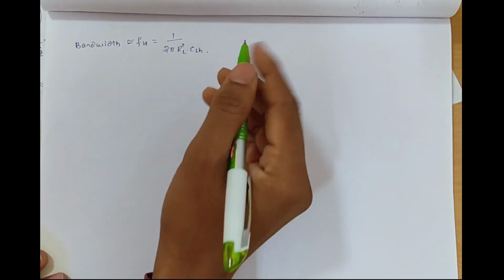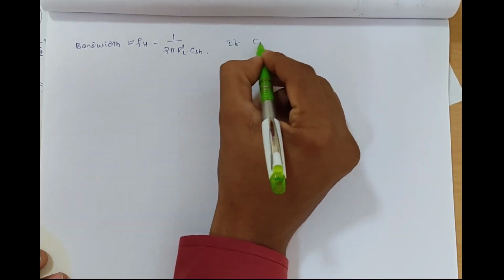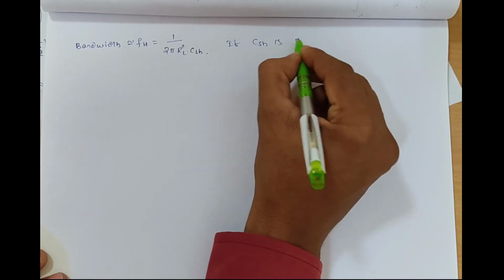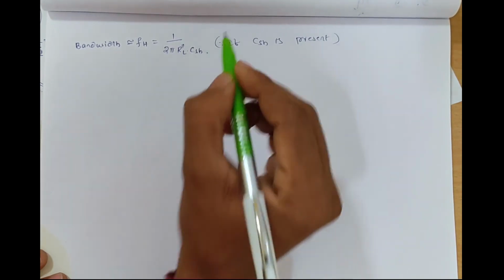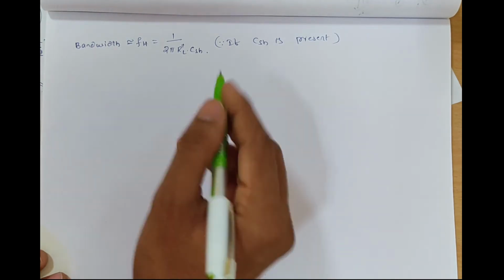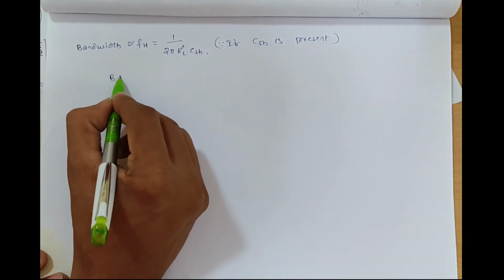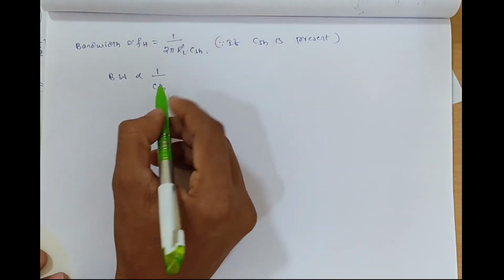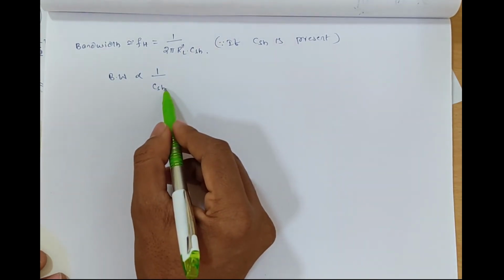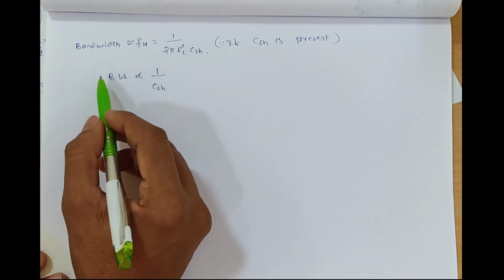Yes, if CSH is present, then we can say this bandwidth is inversely proportional to the CSH. If CSH increases, bandwidth will decrease.